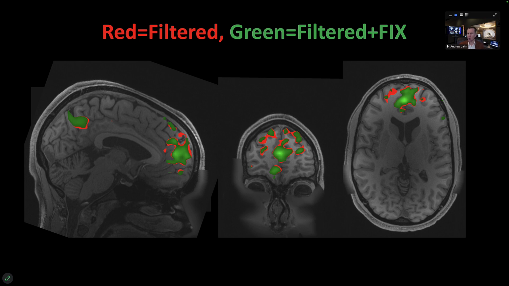So I can't say too much whether this improves the overall results. This is looking at a default mode network. Okay, so green is after I applied the Fix filter. Red is just a typical FSL processing pipeline. Maybe it reduces some false positives. Maybe it cleans it up a little bit. Just showing you some preliminary analyses that I've been working on with the Human Connectome project.